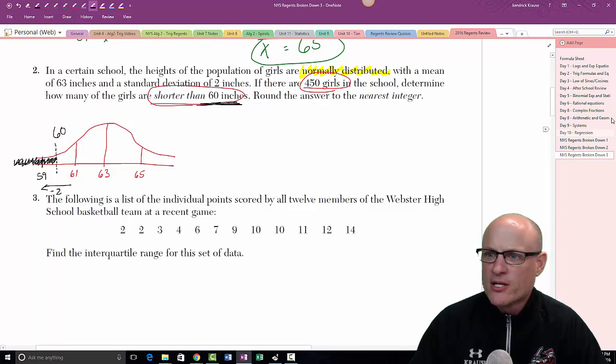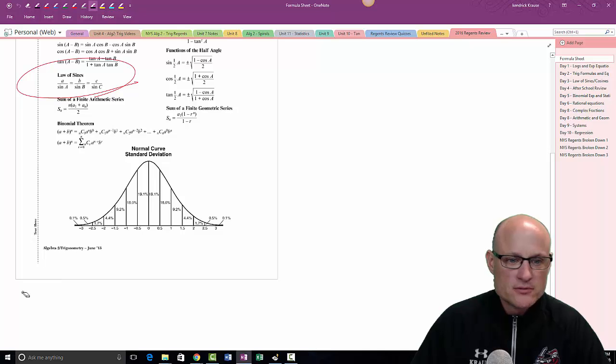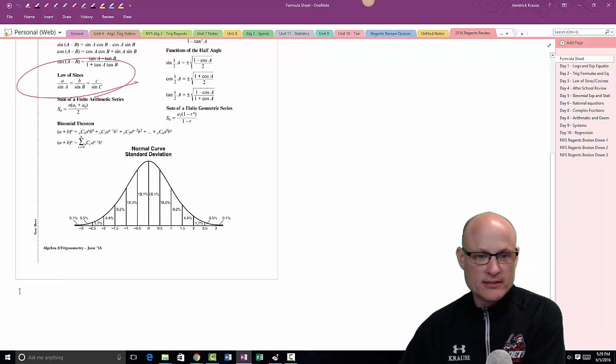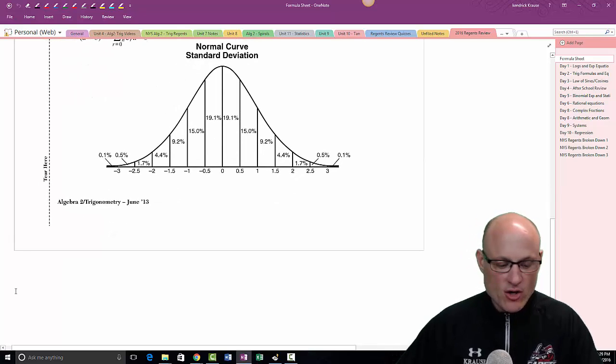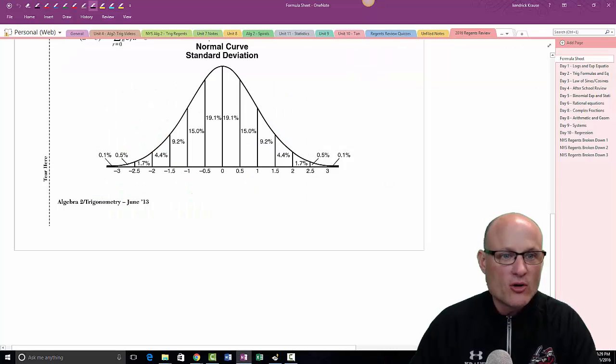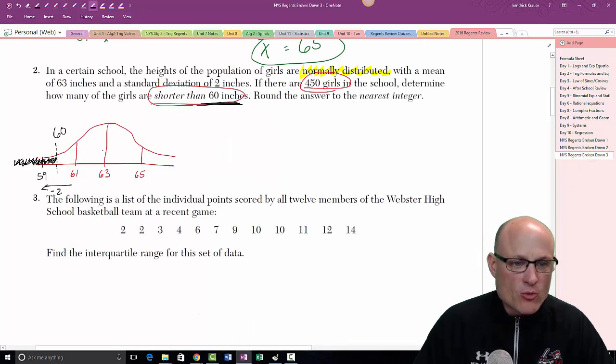Oh my gosh. So I go over to my formula sheet. Why are you not expanding? And I say, okay, I need all of them. Let's see, how far did I go? This was down 1 standard deviation, minus 1, and then down a half a standard deviation.